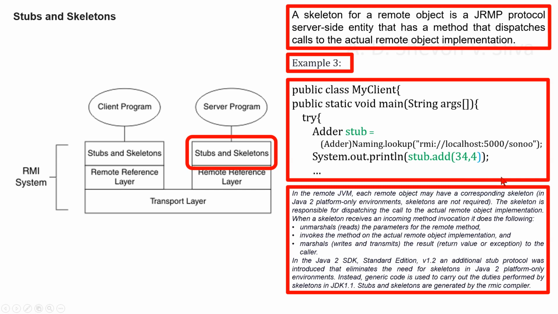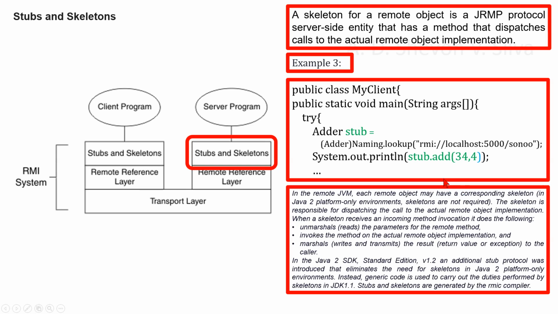When a skeleton receives an incoming method invocation, it does the following: unmarshals, reads the parameters for the remote method, invokes the method on the actual remote object implementation, and marshals, writes and transmits the result, return value or exception, to the caller.